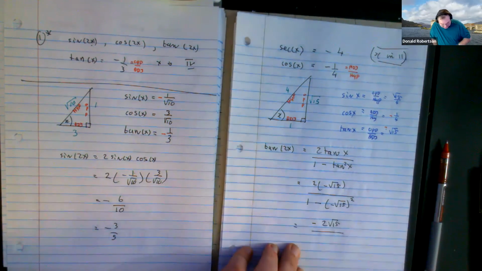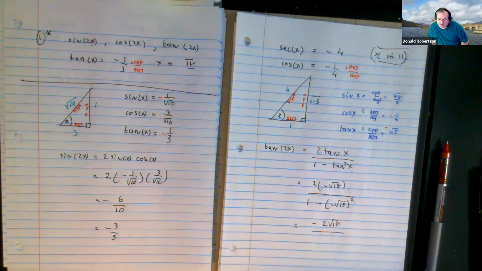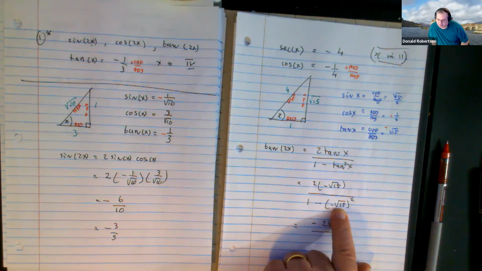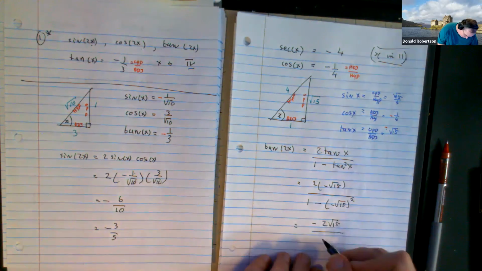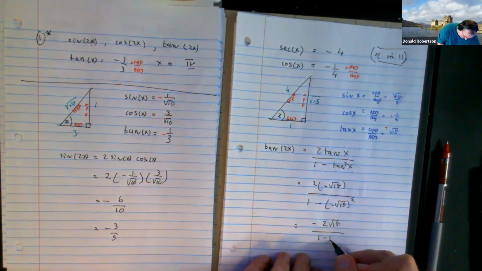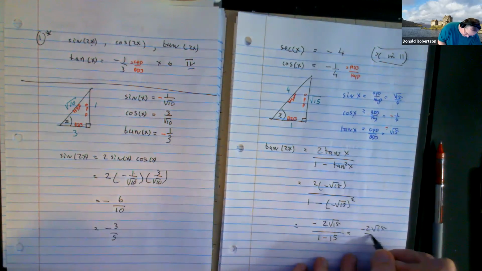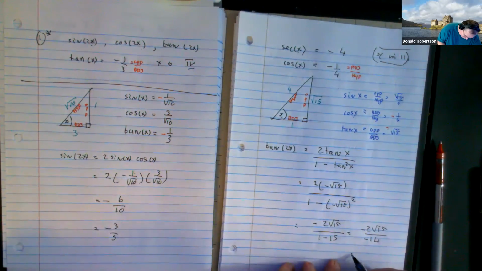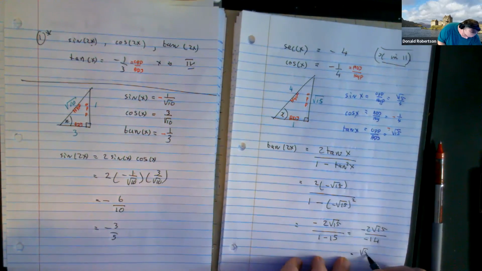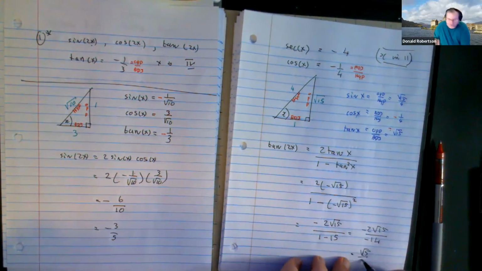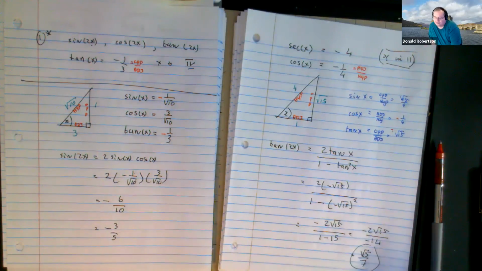Oh, wait a minute. Isn't that guy just 15? Good. So 1 take away 15, that's not that bad. Negative 2 root 15 over negative 14. Cancel, cancel, cancel, cancel. You get root 15 over 7. That one actually wasn't an ugly one at all. Wasn't that one actually quite lucky? It was not too bad.